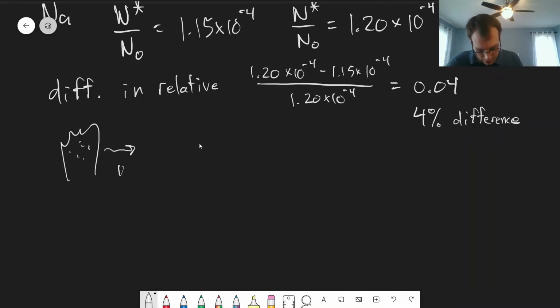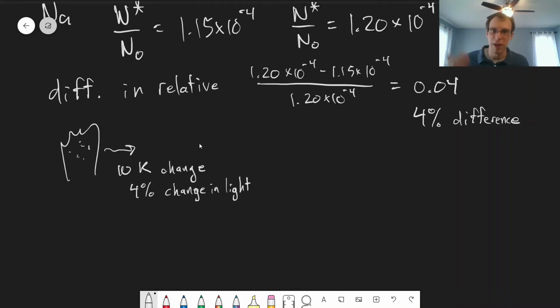So a 10 Kelvin change leads to a 4% change in the amount of light. And that is a change in light that is not directly related to the concentration of our sample. There weren't any extra atoms in there. It's just that we have a higher temperature. So, a pretty significant difference, even with a fairly small temperature change.